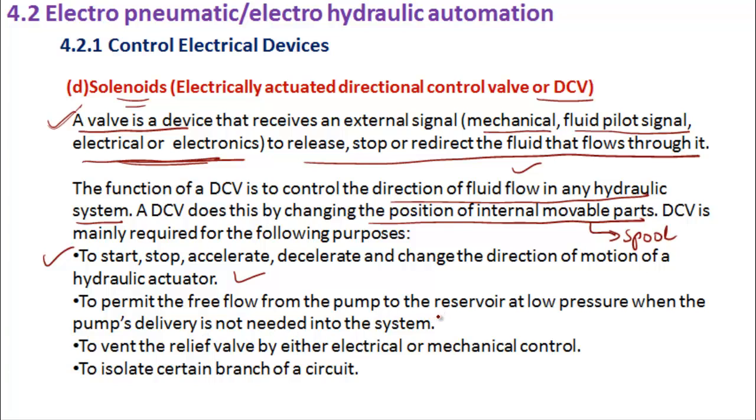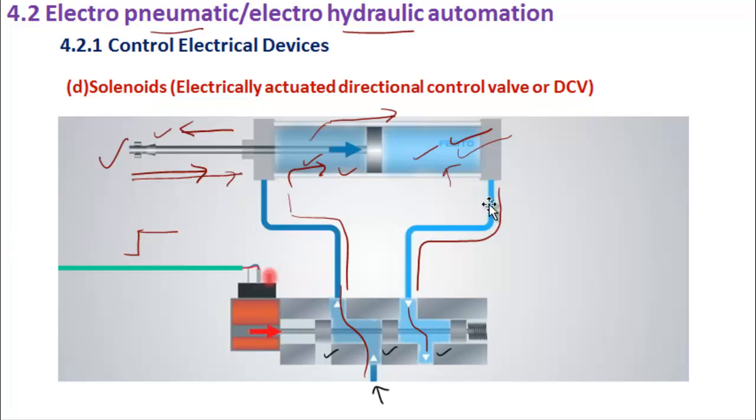Similarly, to permit the free flow from the pump to the reservoir at low pressure. See, this is talking about this return line. This return line is applying no pressure. It is the air or the fluid that is draining out.